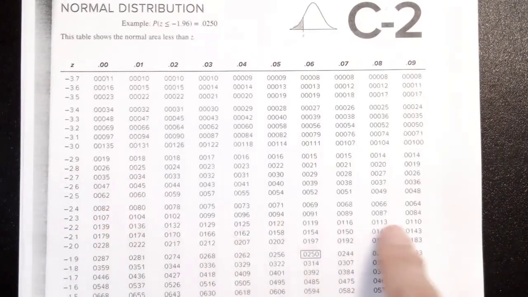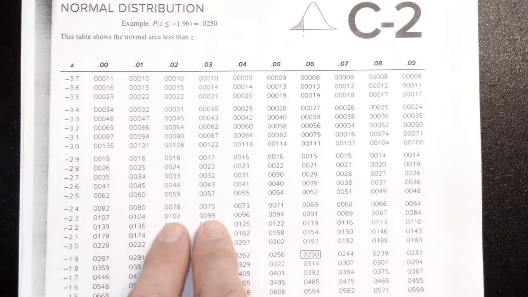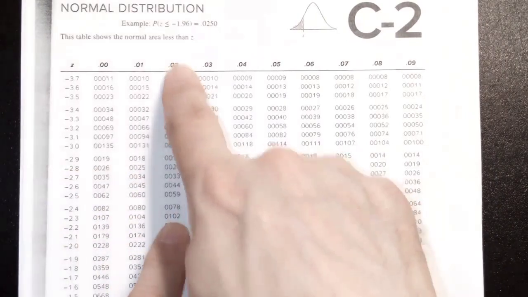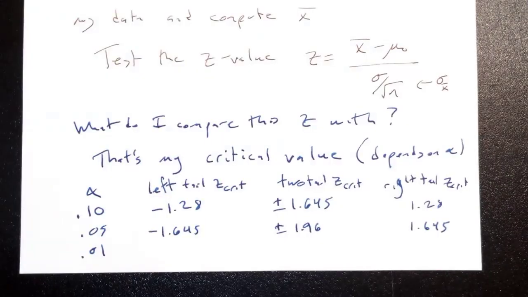Aha, here we are, 0.1. Negative 2.32. That's probably closer to 2.33, and it turns out to be 2.326 if I use any of my calculation devices.